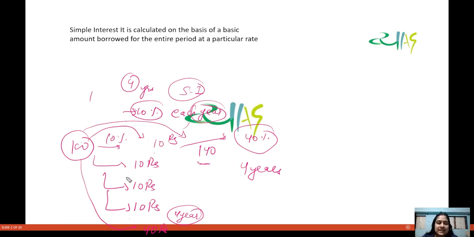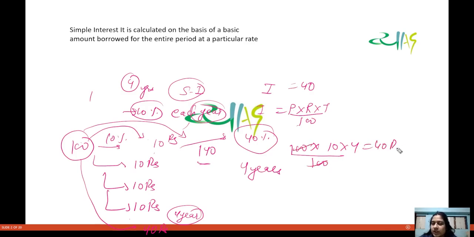In this case, the interest came to 40. This 40 can be written as principal into rate into time divided by 100. P is here 100 rupees, R is 10, time is 4 years, divided by 100. So the interest you are getting is 40 rupees.